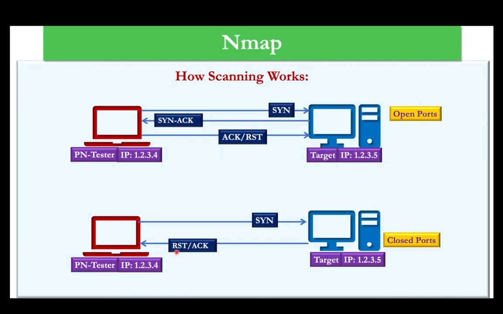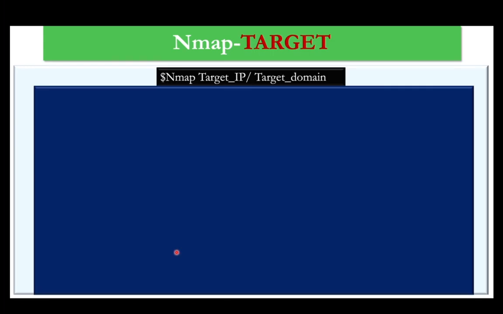Is another way, right? So to do this, first Nmap has to communicate with the target. One way is to use the Nmap command by giving the target IP address or target domain name.